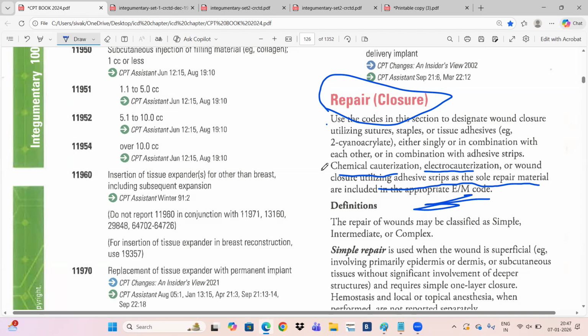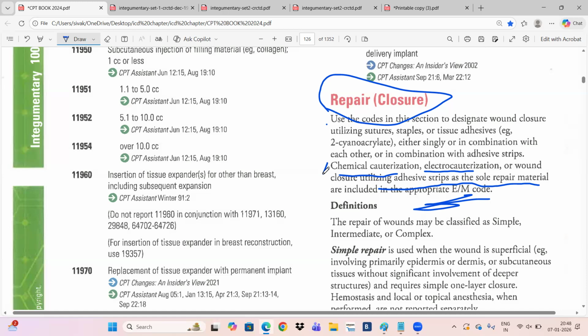So these materials are not codable separately, like chemical cauterization, electrocauterization, or strips like Steri-Strips or adhesive strips. It is included in the appropriate emergency service or evaluation service. It is not a separate procedure, so no need to code.